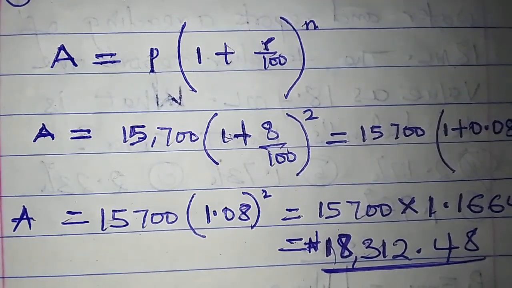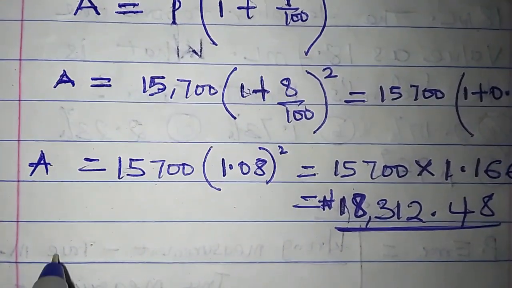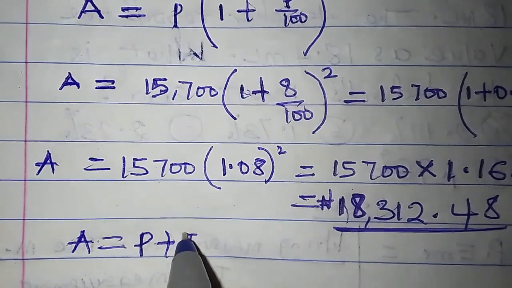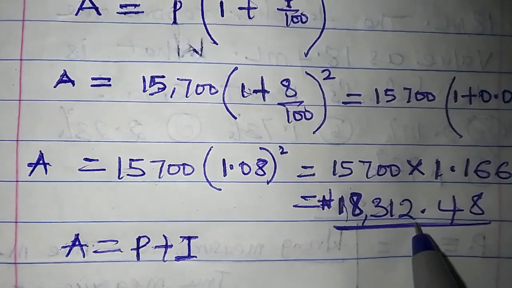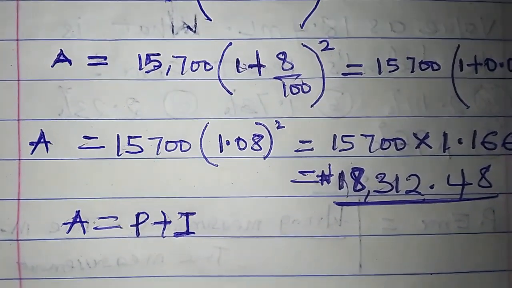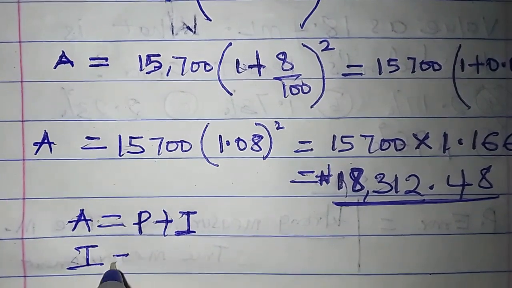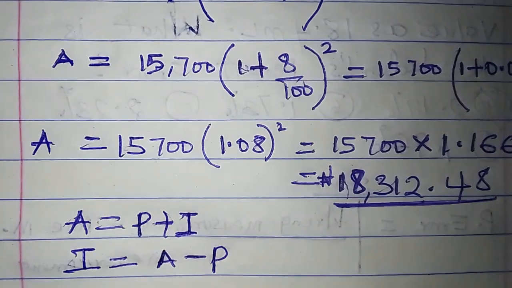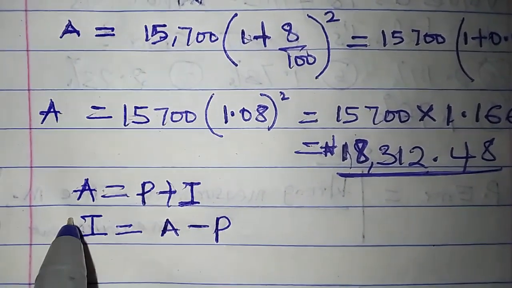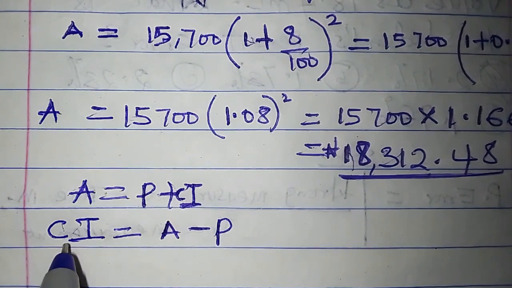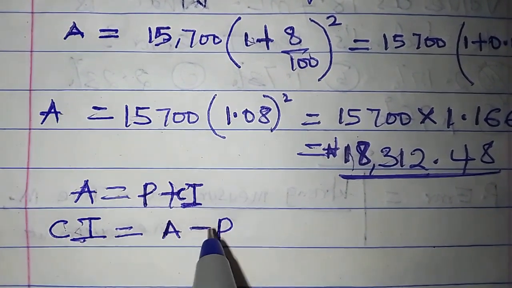Now there is a formula that says amount is equal to principal plus interest. So we have gotten the amount already. We know what the principal is, so let's get the interest. So the interest will be equal to the amount minus the what? The principal. This formula works for both compound interest and simple interest. So our compound interest is equal to amount minus the principal.